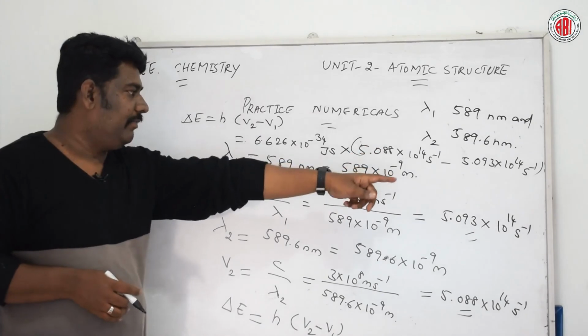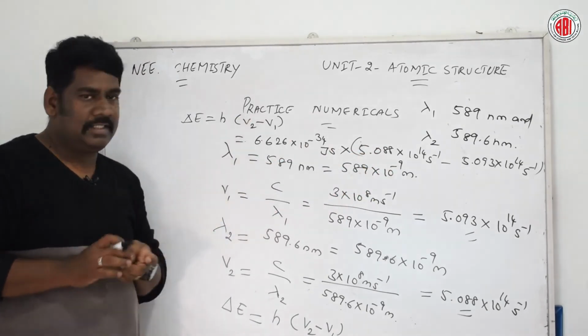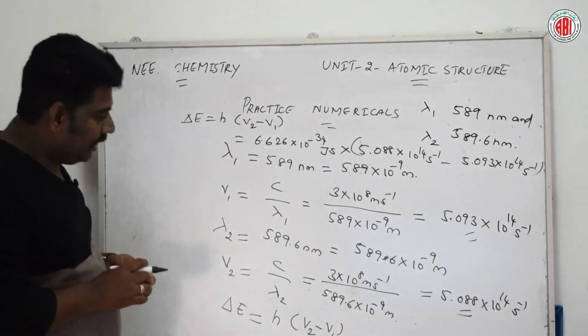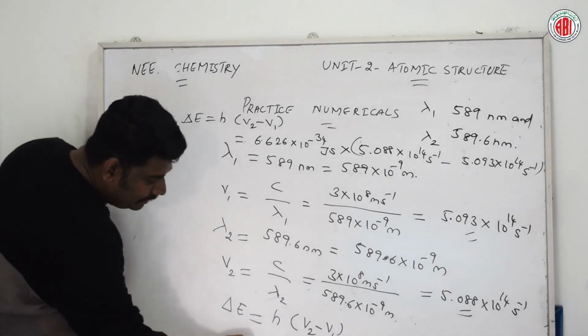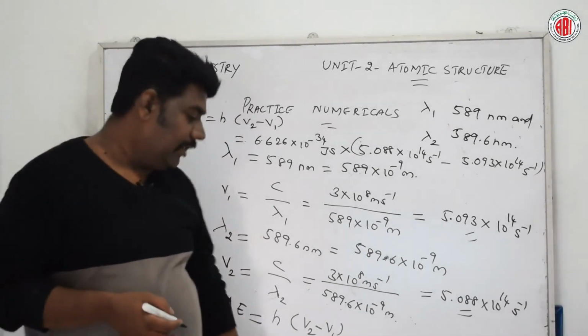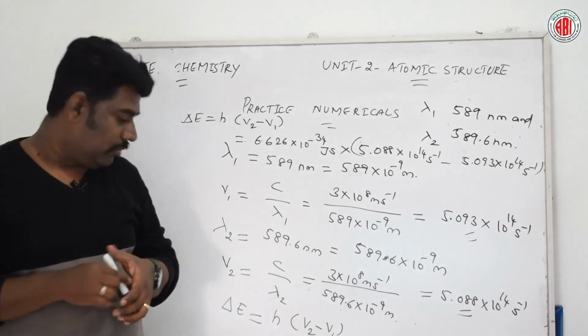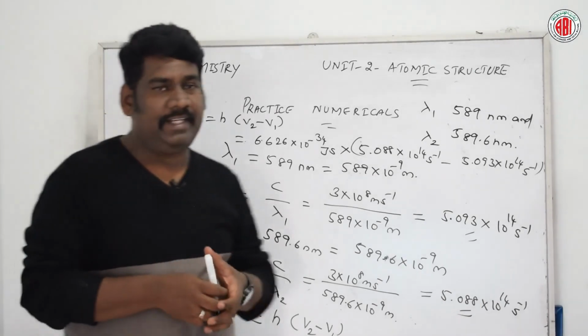Subtracting nu 2 minus nu 1 and multiplying with Planck's constant, we get the answer 3.44 into 10 to the power of minus 22 joule. In this way we can find the answer.